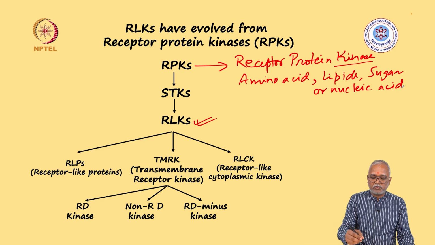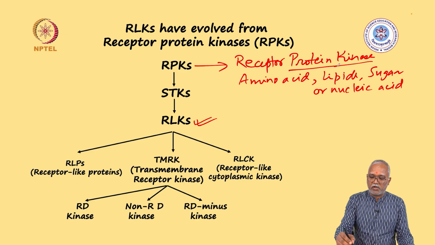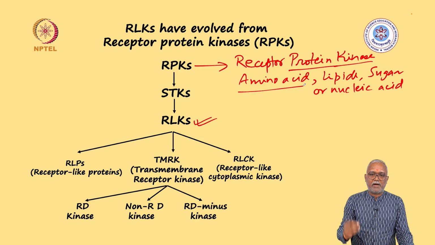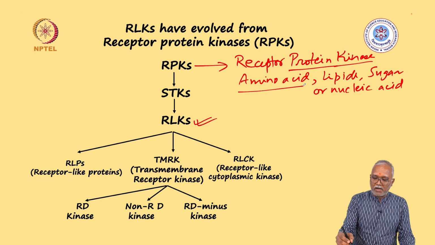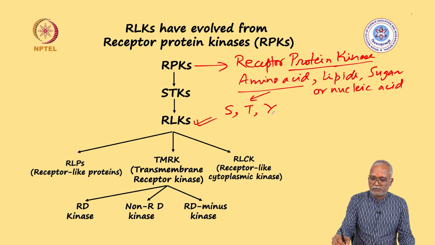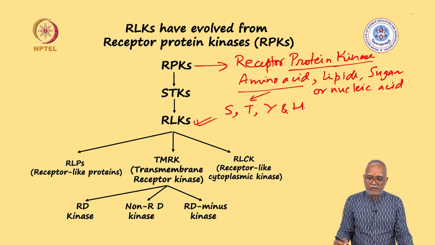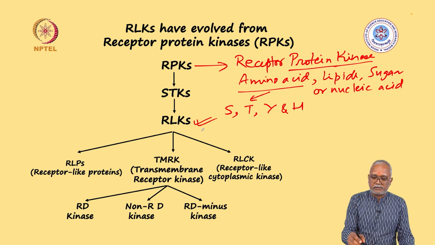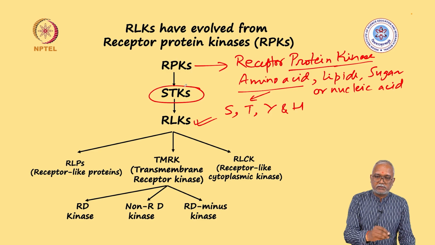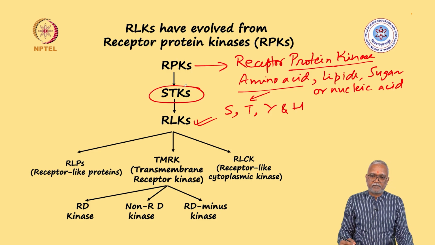So, the kinases which have led to the RLKs are part of protein kinases because they will do the phosphorylation on amino acid residues. And within the amino acid residues, we saw how preferably serine, threonine, tyrosine, and histidine residues were getting phosphorylated. So, the receptor-like kinases come under the class of serine-threonine kinases.